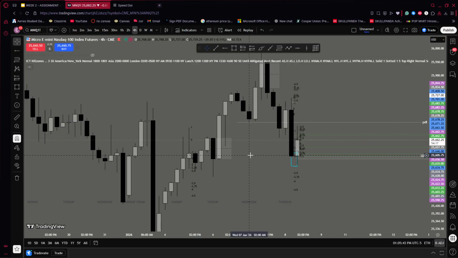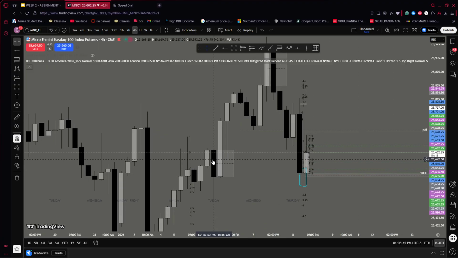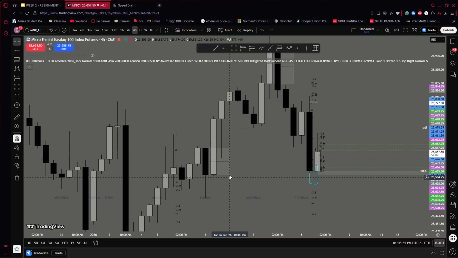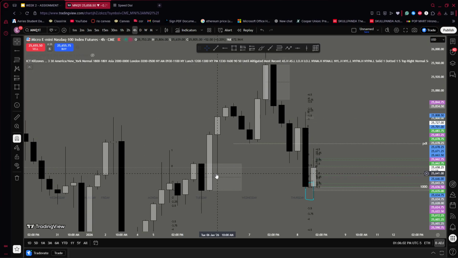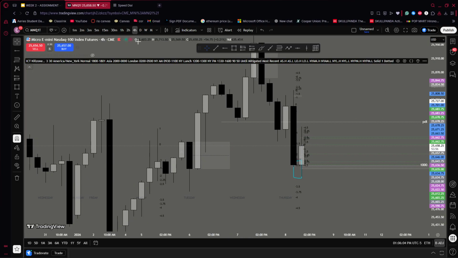CISD is basically a 2 candle pattern when the next candle completely engulfs the previous candle like this. So if this closes, you draw a box on this and this becomes a CISD, and look how perfectly this 4 hour rejected.